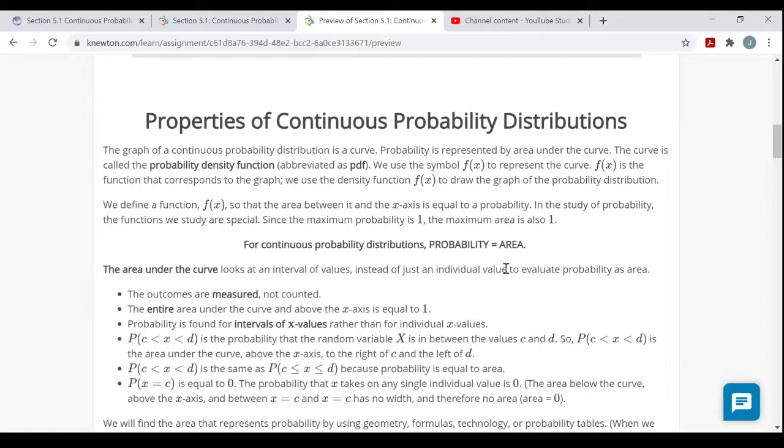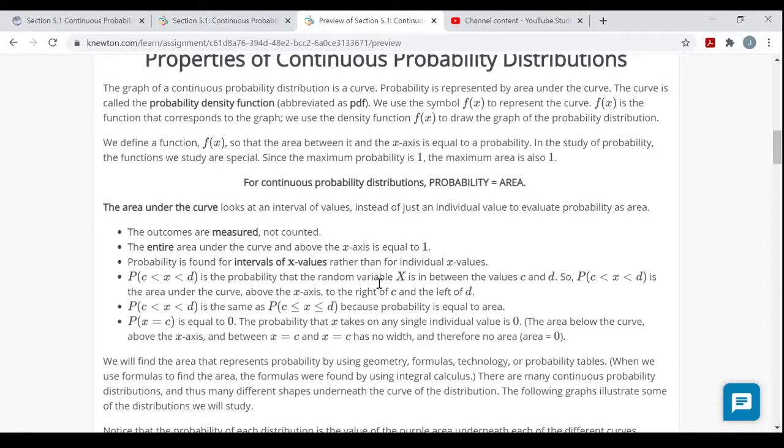But now it's going to apply to other curves as well, other continuous probability density functions. All right, so the area under the curve looks at an interval of values, not just a single value, instead of just an individual value to evaluate probability as area. All right, so some key points. As they said earlier, the outcomes are measured, not counted.